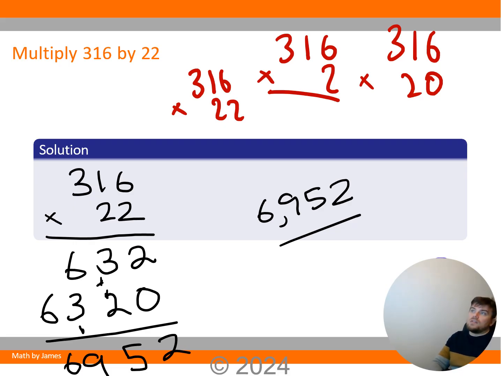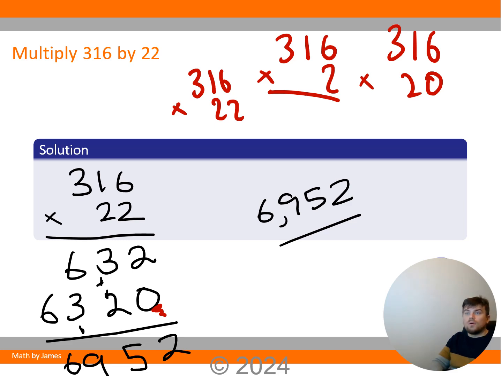So that is essentially 2 times 316. Then we do 20 times that. And we put a 0 here because it's 20 times, because here we're going into the tens. So we're doing 20 times 6, which is 120.